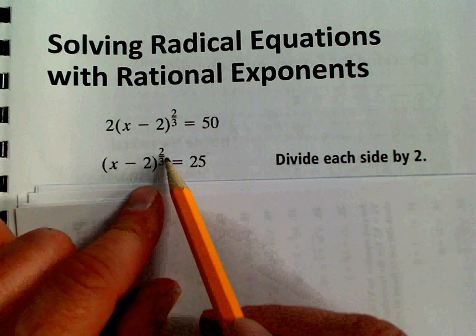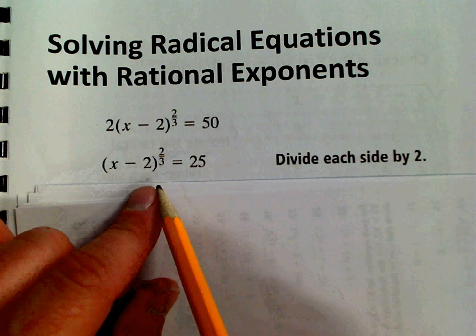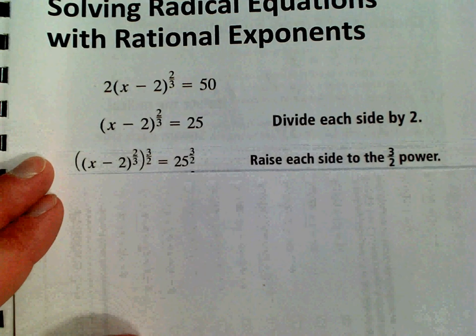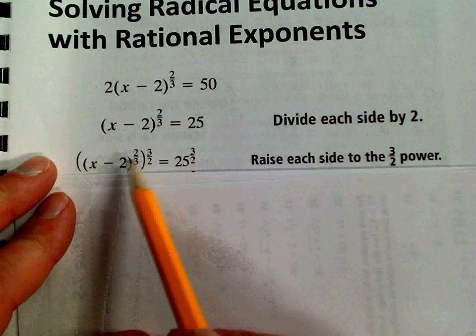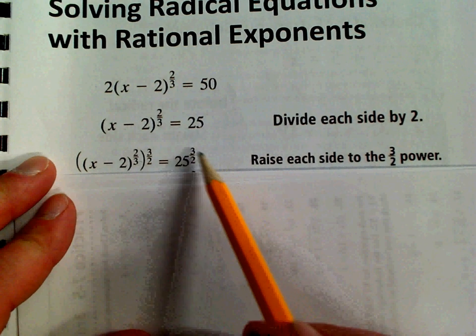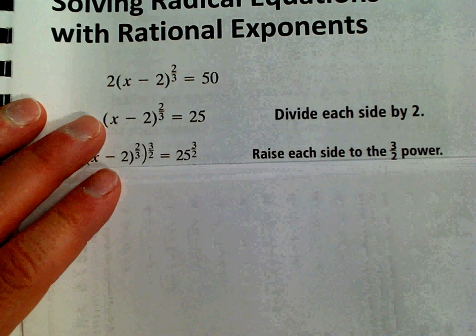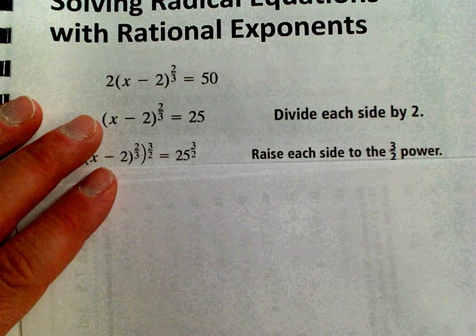Now I would raise both sides to something. What would I raise both sides to? 3 halves, yes. This over here would simplify, and this is taking the square root of 25 and then raising it to the 3rd power. Now the square root of 25 could be both 5 or negative 5.